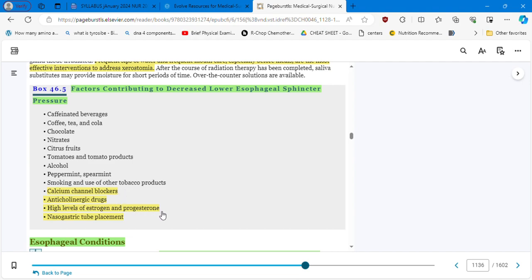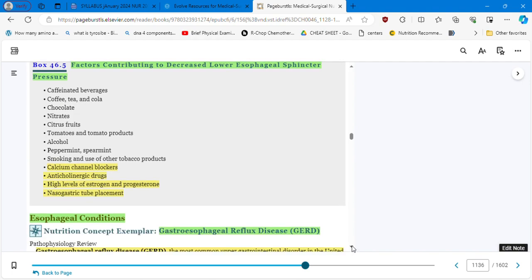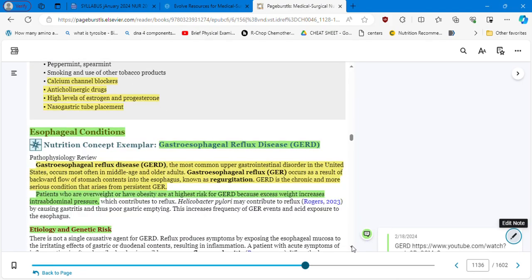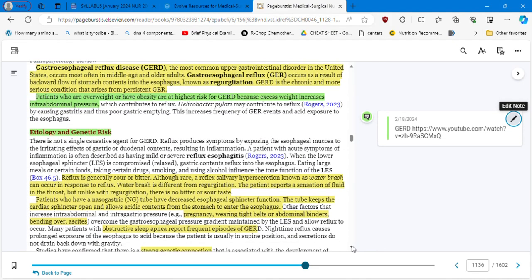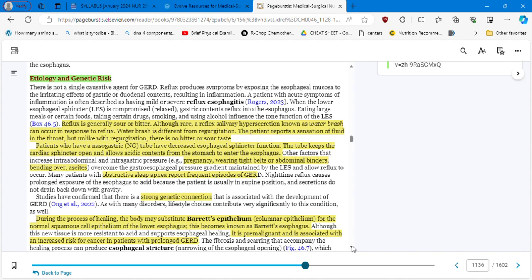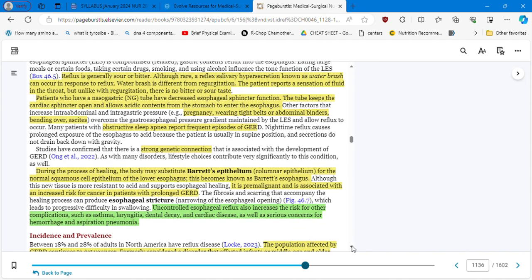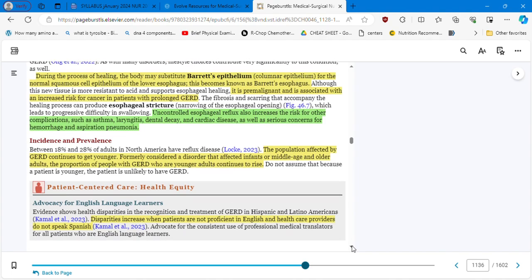High levels of estrogen and progesterone, nasogastric tube placement. All these are factors contributing to decreased lower esophageal sphincter pressure. That's why reflux and regurgitation can happen.